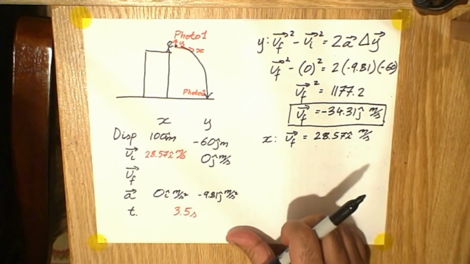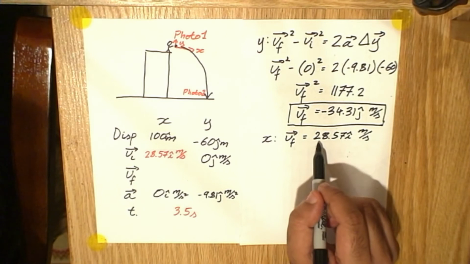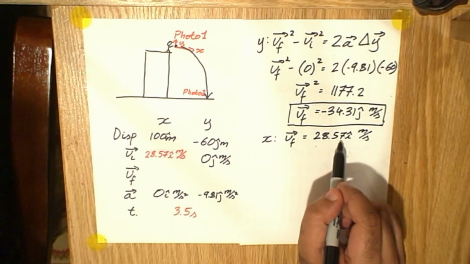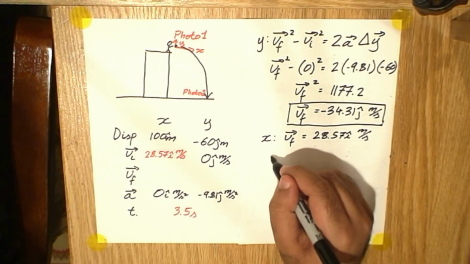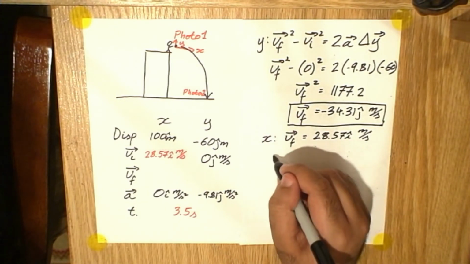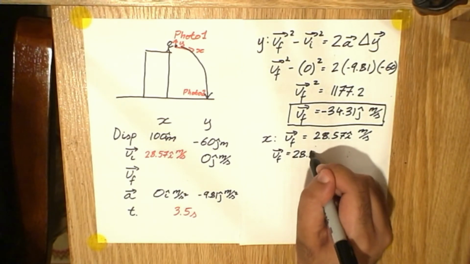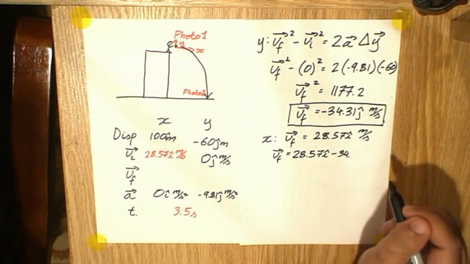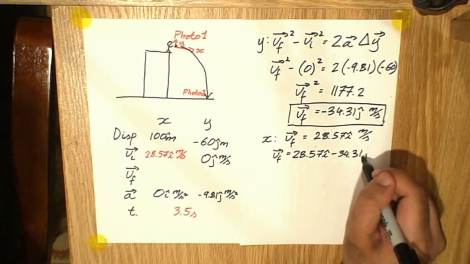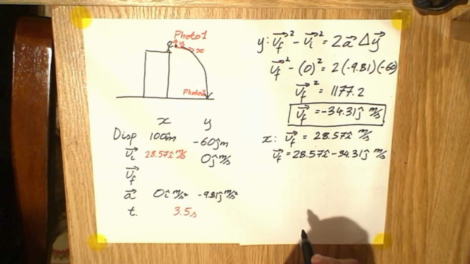Part D was basically asking for the overall velocity. So the overall velocity is 28.57 i hat minus 34.31 j hat, which we could write like this. Now the last thing to do is to convert this into polar.